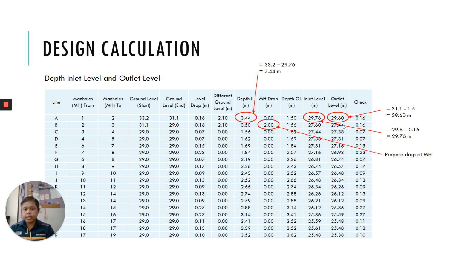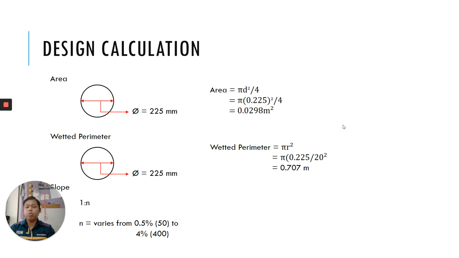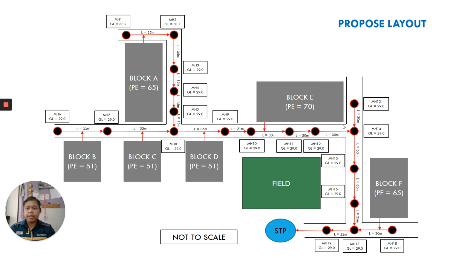We will continue this process by understanding the connection of each sewerage pipeline. Please make sure where the cumulative point or intersection point is. In the previous figure, this connection is at manhole 8. The outlet level at manhole 8 should be able to connect with manhole 7 and manhole 5.